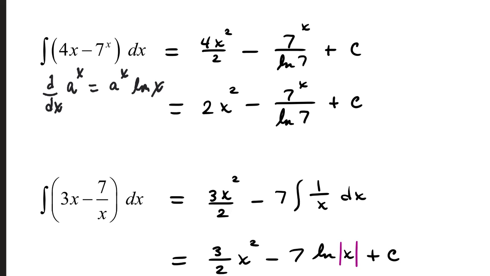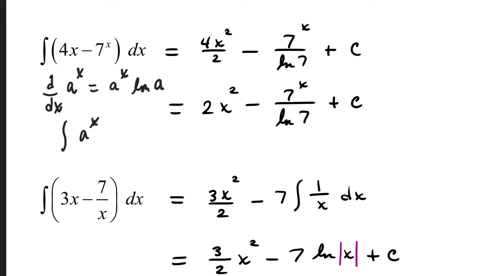Well, when you go backwards and do an integral, isolating this a to the x term, you have to divide by natural log. Oops, I made a mistake there. That should be an a.